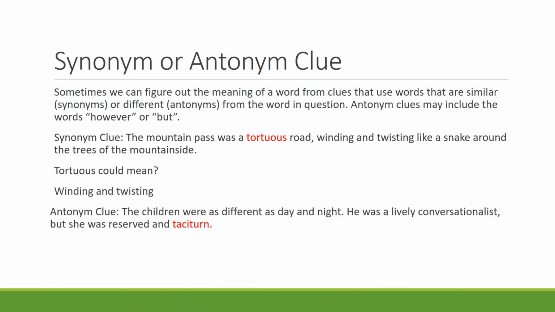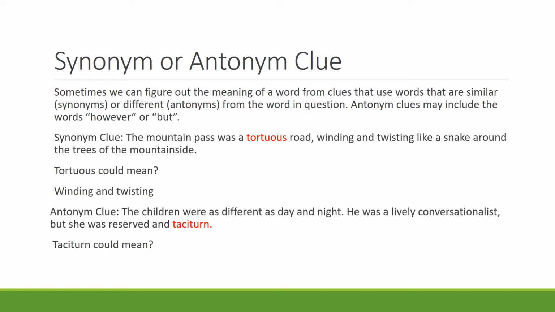Let's take a look at an antonym clue. This sentence says, the children were as different as night and day. He was a lively conversationalist, but she was reserved and taciturn. Our word in question here is taciturn. What is our antonym clue? We see the word but here in our second sentence.